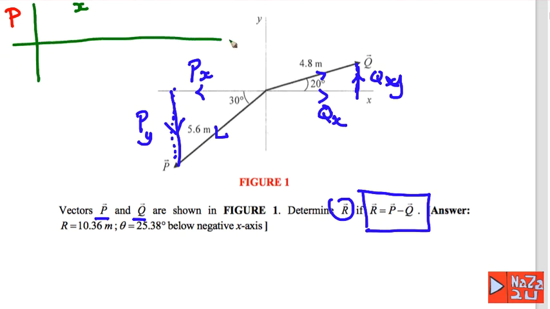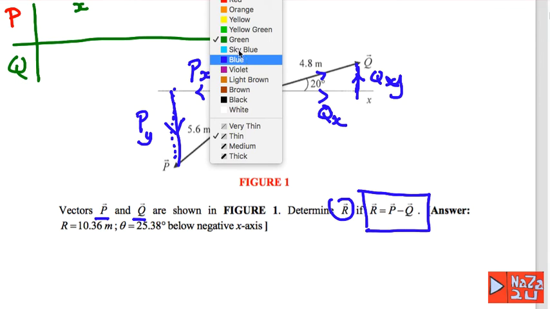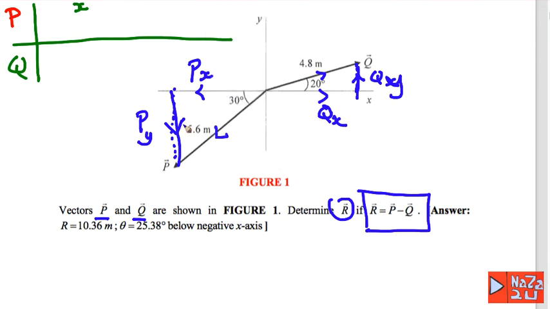Vector P downward, resolve to the x using the angle theta. Because it is directed to the left, we have magnitude minus 5.6 cos 30 degrees, direction to the left.